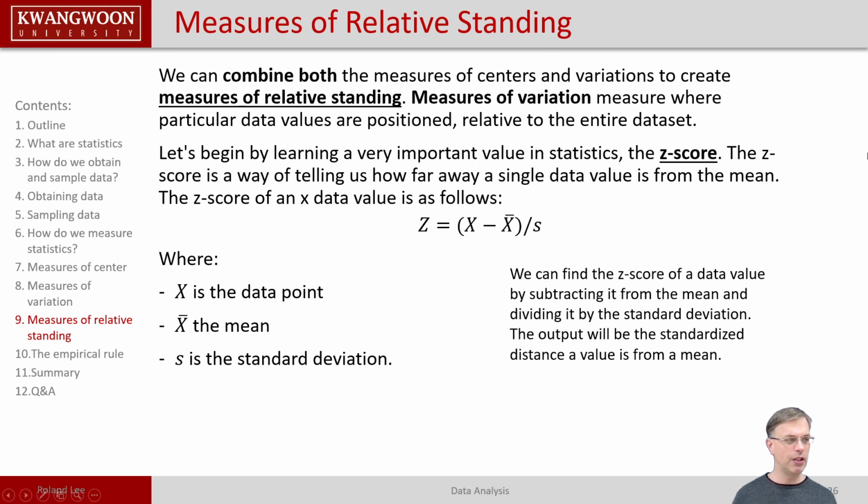And now we actually learned the z-score. The z-score is a way of telling us how far away a single data value is from the mean. To calculate it, we need x, the data point, x bar, the mean, and s, the standard deviation.